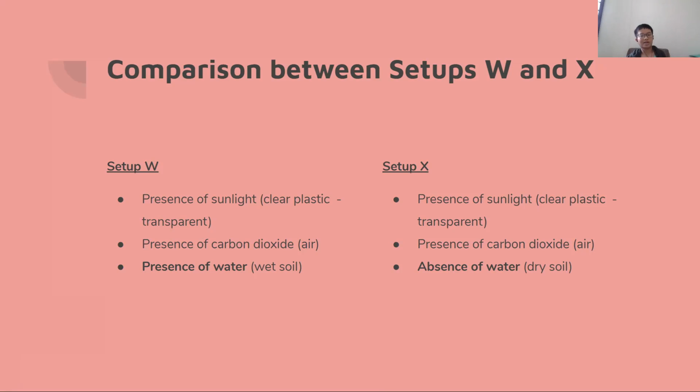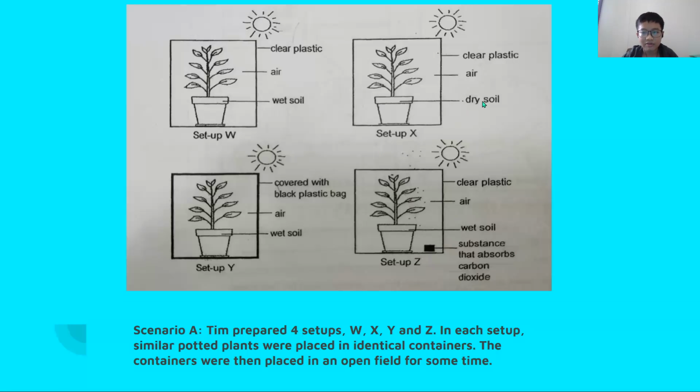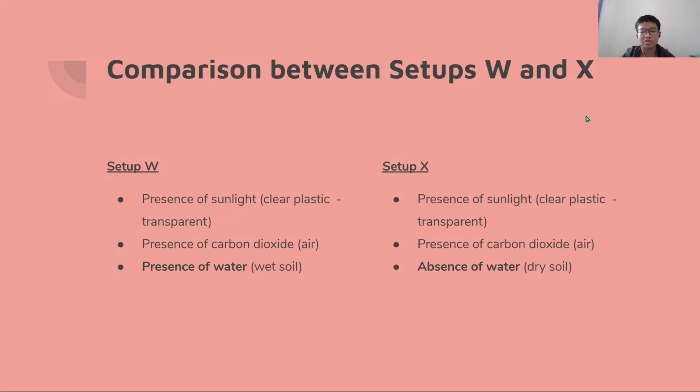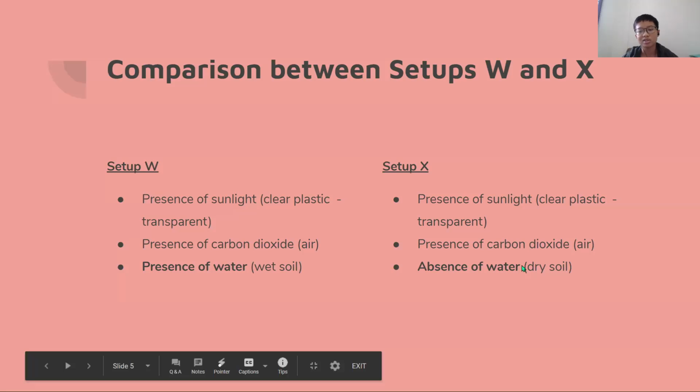However, when we look at setup X, it may look a bit similar to setup W due to the presence of sunlight and the presence of carbon dioxide. However, the main difference is the absence of water. In setup X, you can see dry soil. What does that mean? As you know, dry means no water, right? So basically, dry soil is soil without water.